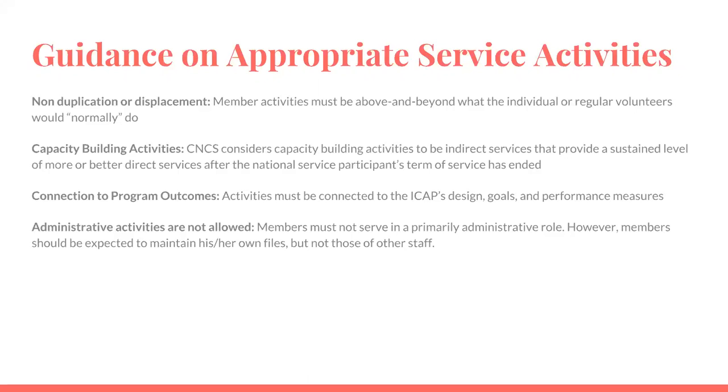CNCS considers capacity building activities to be indirect services, so the majority of your members' claimed hours need to be indirect hours and direct services that provide a sustained level of more or better direct services after the National Service Participant's term of service has ended. That's how capacity building is defined by CNCS.